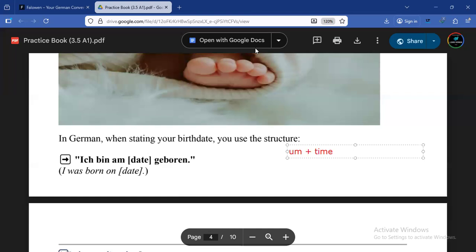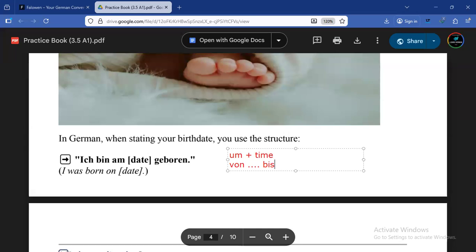Talking about intervals from 7 o'clock to 8 o'clock, what are you going to use? So talking of intervals, we are going to use von and bis, right? I work from this particular time.